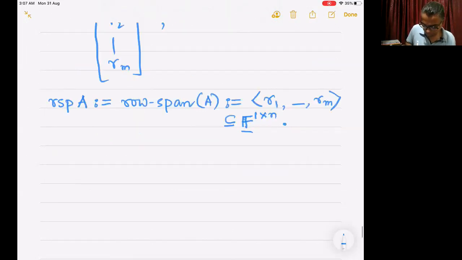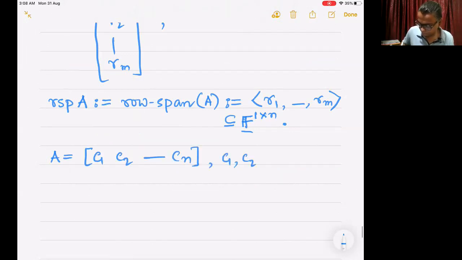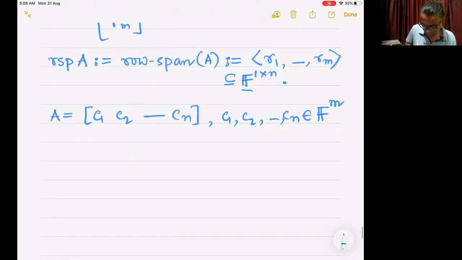Similarly, column wise, I can write A as C1, C2, up to Cn, where each of these C1, C2 are elements of F to the M, where M means M cross 1, as we have seen before. So these are all column vectors.